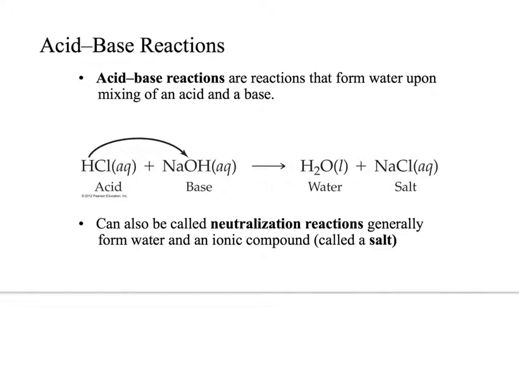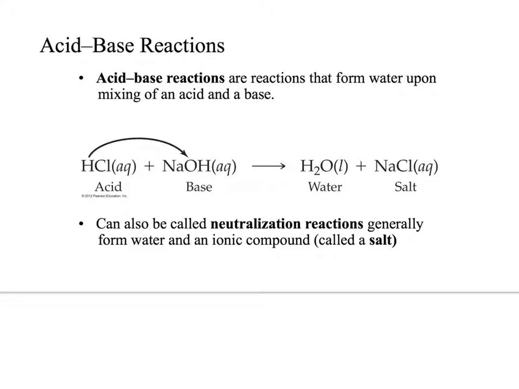The other product that's formed from an acid-base reaction is formed when the positive ion from the base combines with the negative ion from the acid, and that's going to be a metal with a non-metal. And whenever you have a metal with a non-metal, in chemistry we call that a salt.